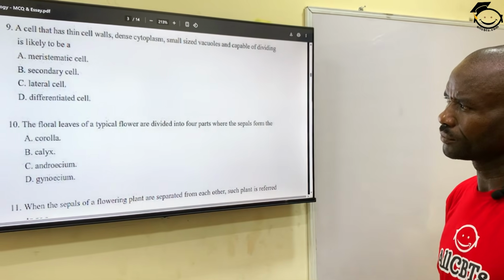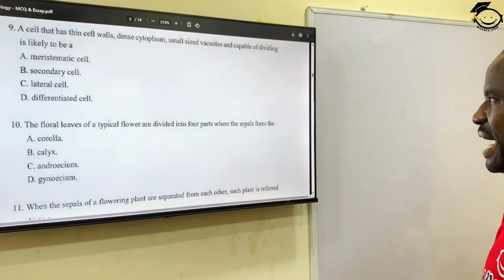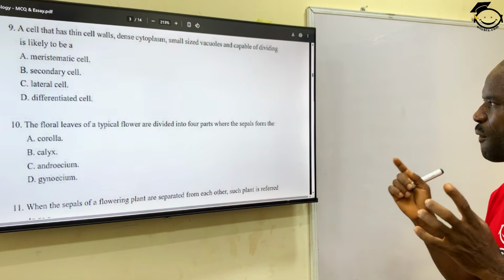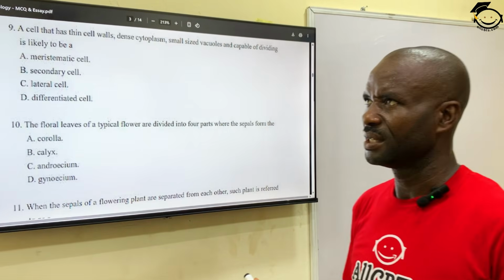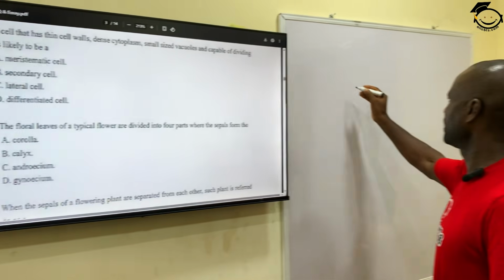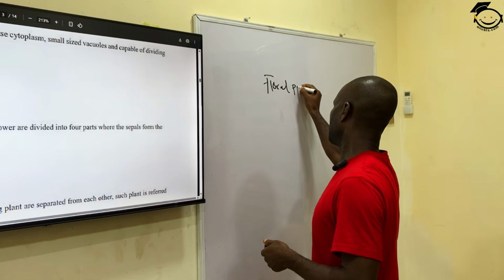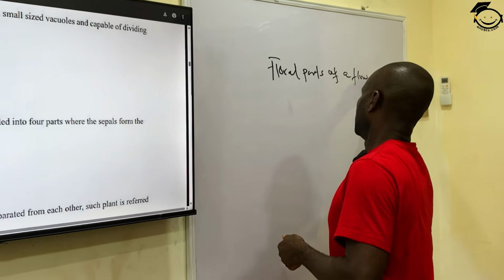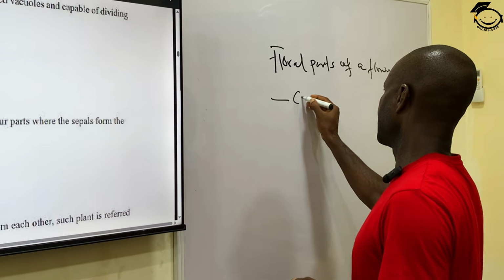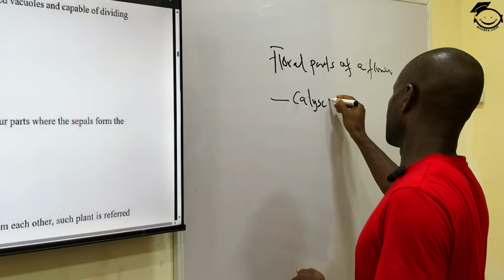Question 10. The floral leaves of a typical flower are divided into 4 parts, where the sepal form... You have 4 floral parts of the flower. We have what you call the calyx, which is the same thing as sepal.